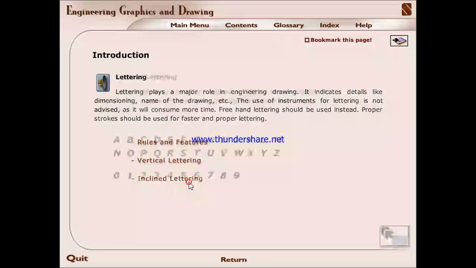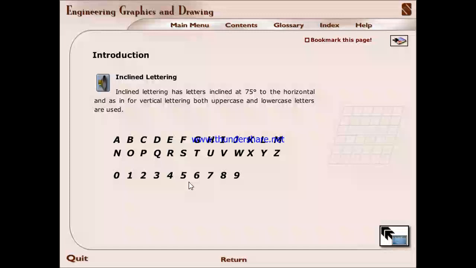Inclined lettering is what we are studying. So now first we will go to the inclined lettering. First you should know when we can say it is inclined and what it is used for.